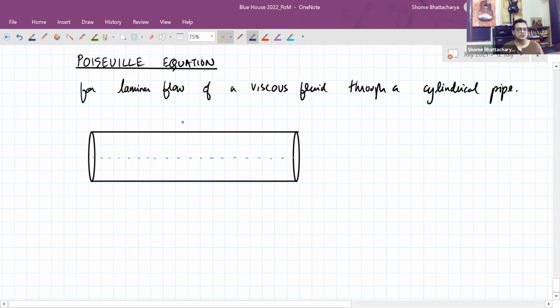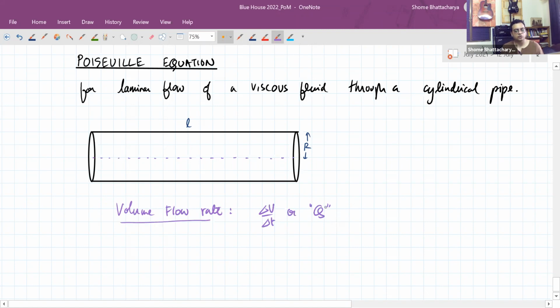So first of all, if the cylindrical pipe is of length L and radius R, and we are pushing liquid through it at a volume flow rate, let's say, delta V by delta T, or in the original equation, this is given by the symbol Q, but actually it's nothing but volume flow rate.